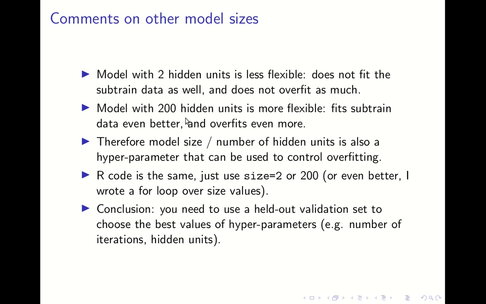The model with 200 hidden units is more flexible, so it fits the subtrain data even better, and it overfits even more. Therefore, we can conclude that model size, as measured in the number of hidden units, is also a hyperparameter that can be used to control overfitting. That's in addition to the number of iterations, which we already saw is another hyperparameter that can be used to control overfitting.